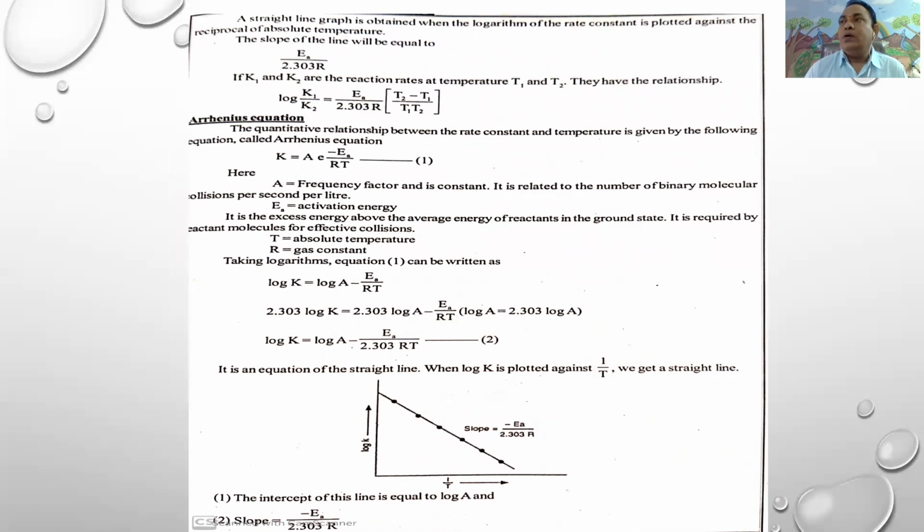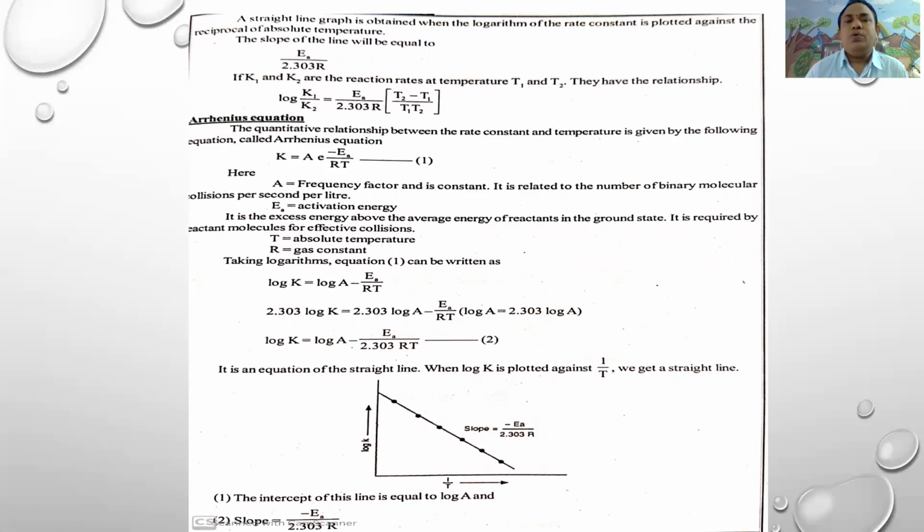If the same equation is applied at two different temperatures, T1 and T2 degrees centigrade, the rate constants are K1 and K2.